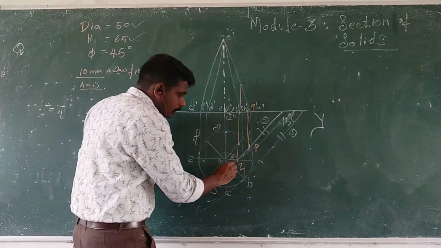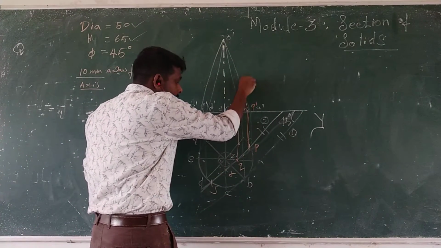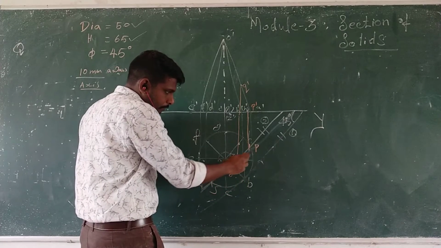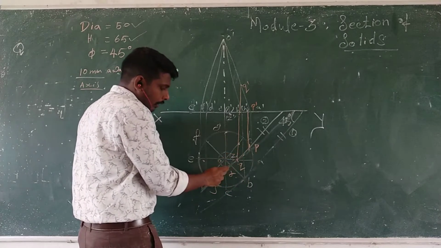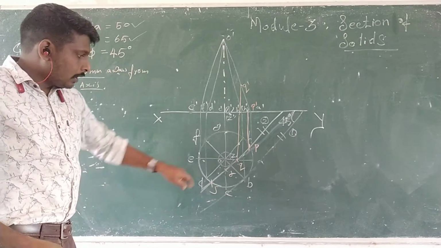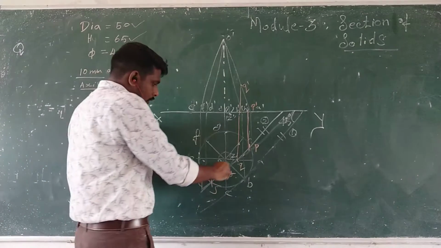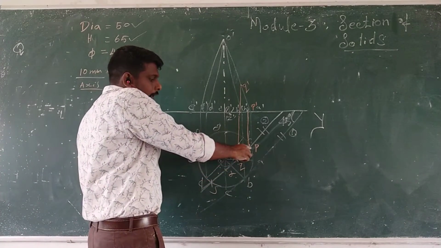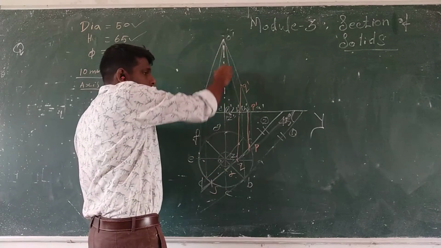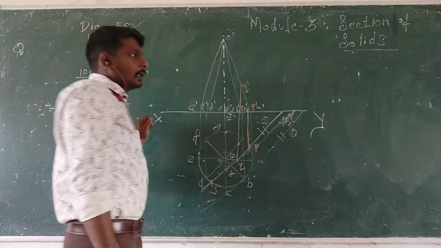And next is P, Q, R, and it's very important. R cannot be projected directly like the P and Q because it is vertical, or it is perpendicular to the VP.